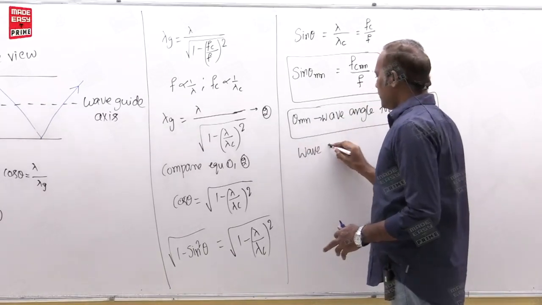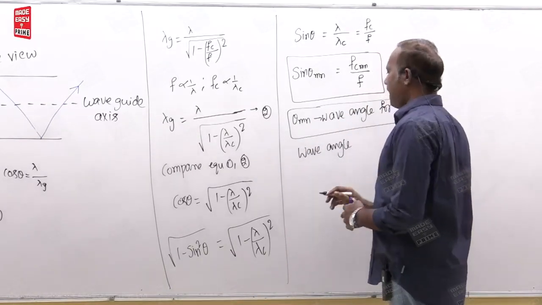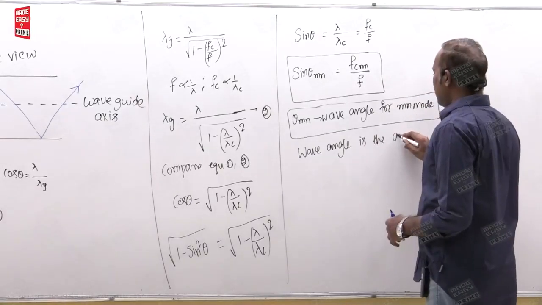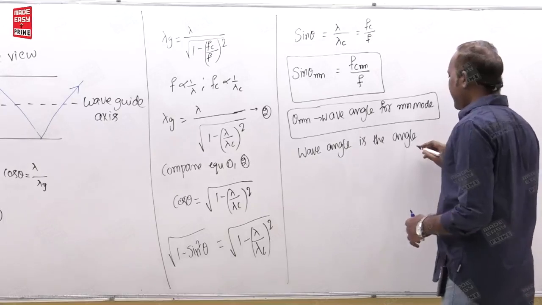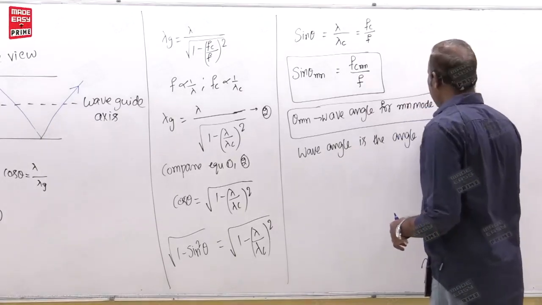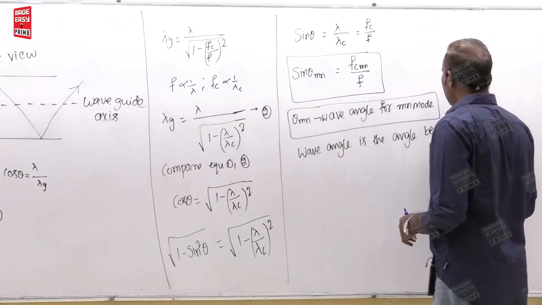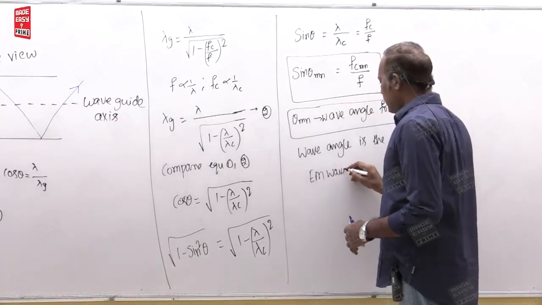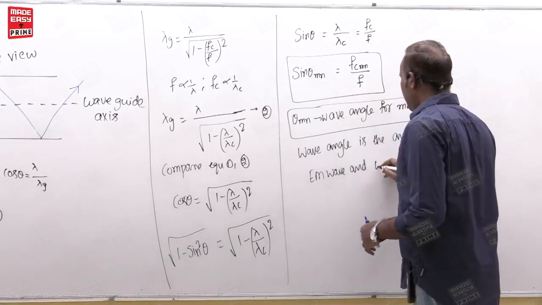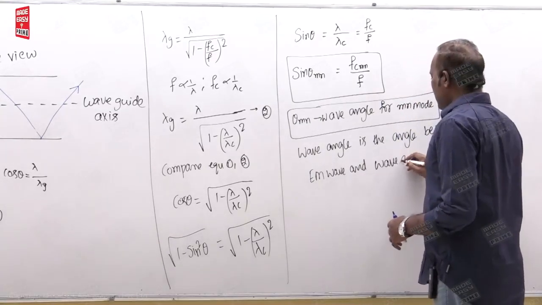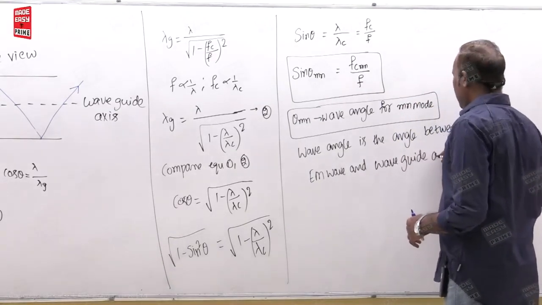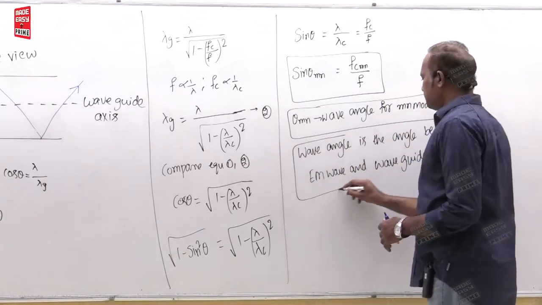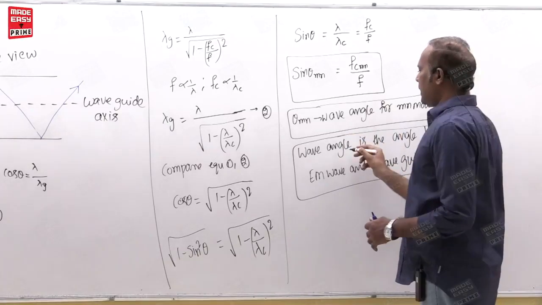Wave angle is the angle between the EM wave and the waveguide axis. That is the meaning of wave angle.